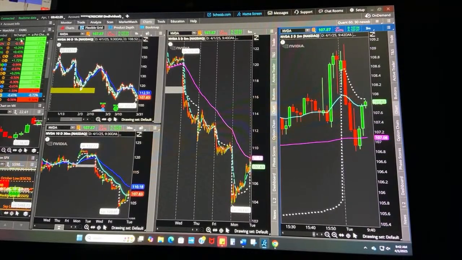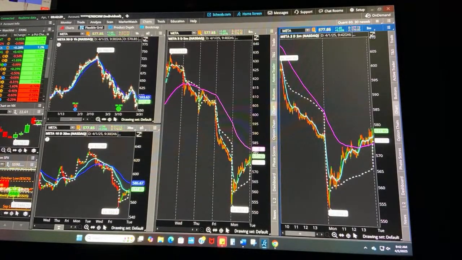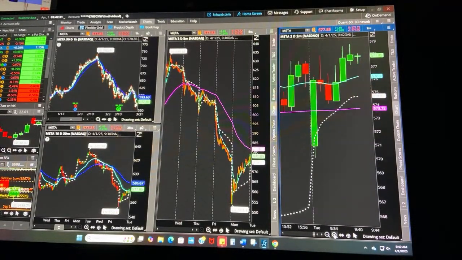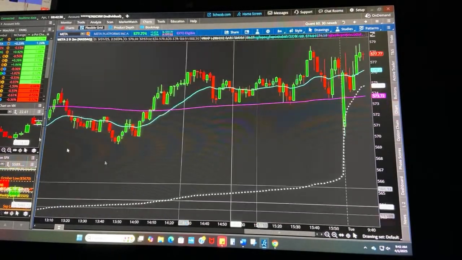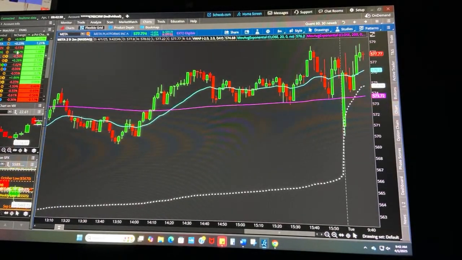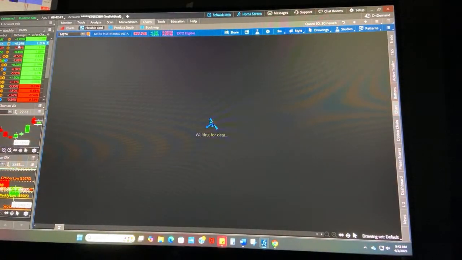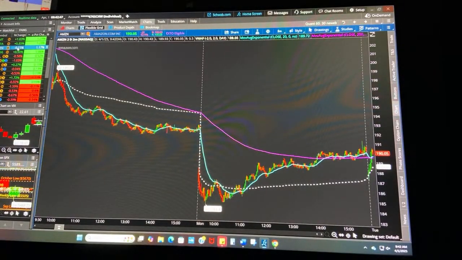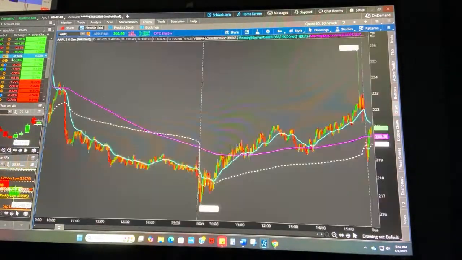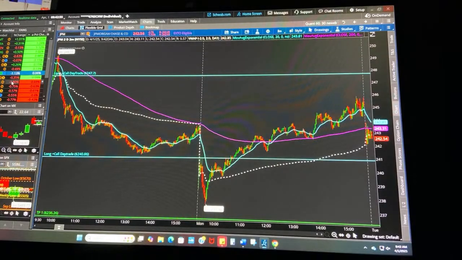Nvidia at VWAP. Not as exciting an open as yesterday.